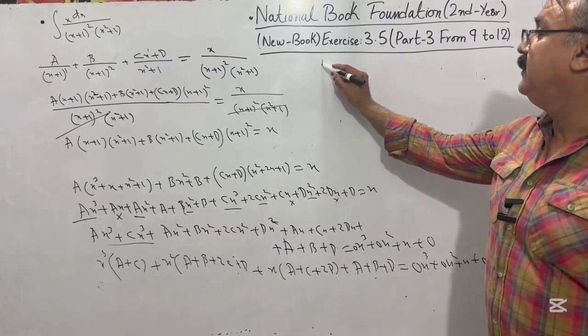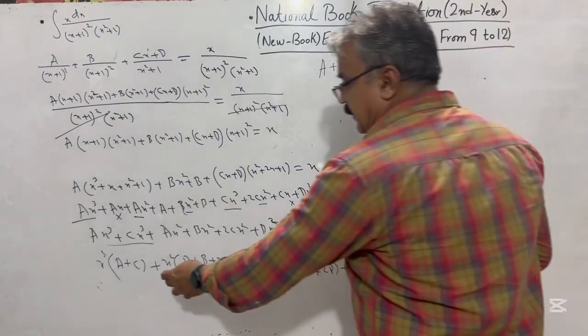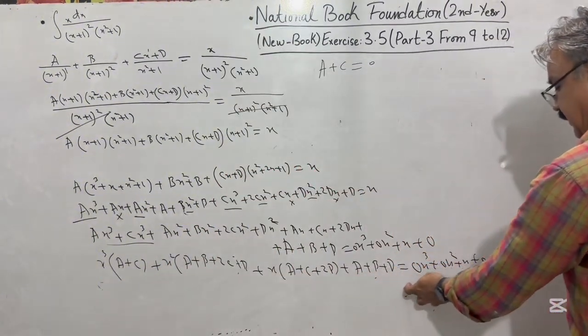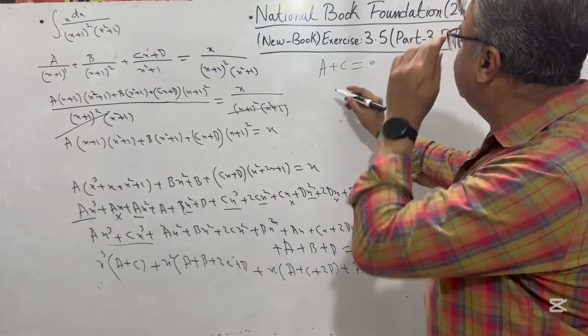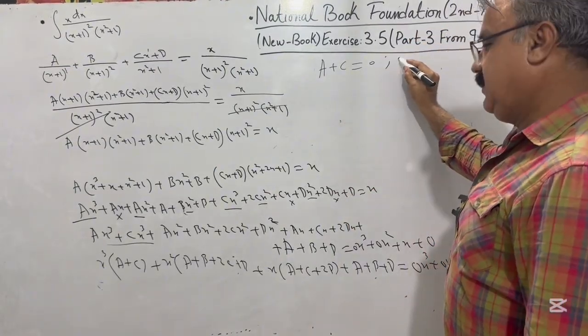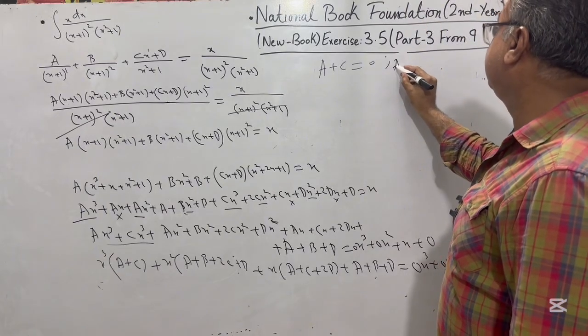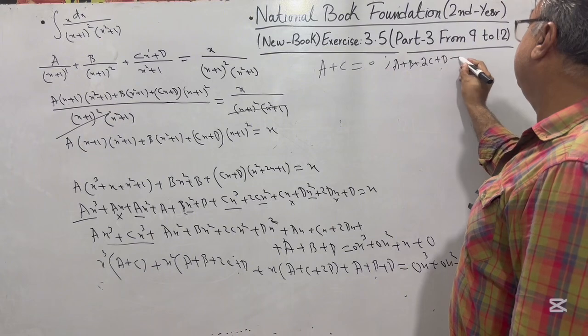So we have a plus c is equal to 0. Coefficient of x cube is equal to coefficient of x cube. Coefficient of x square is equal to coefficient of x square: a plus b plus 2c plus d is equal to 0.